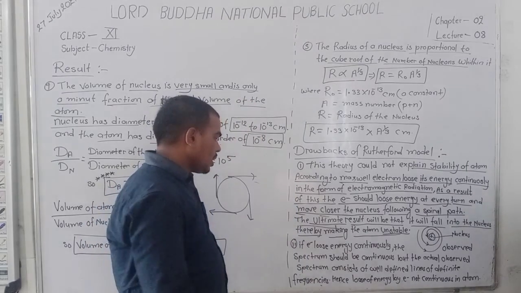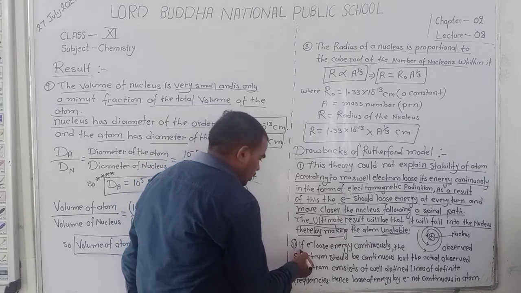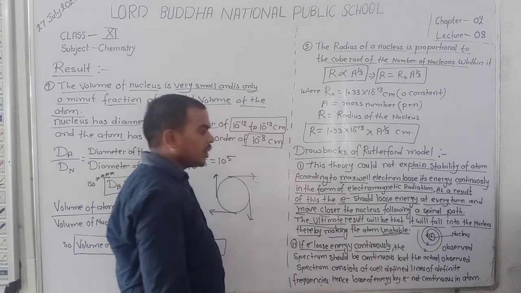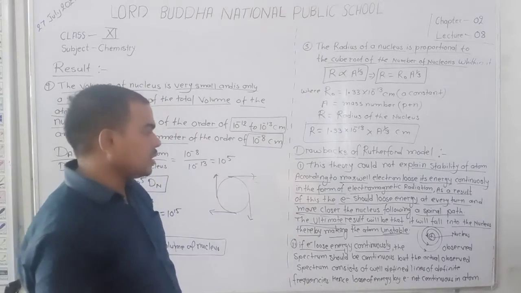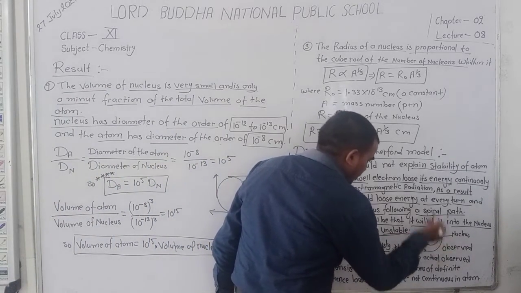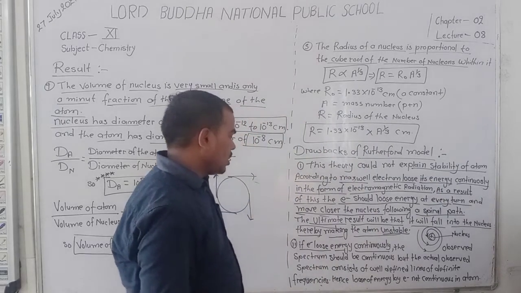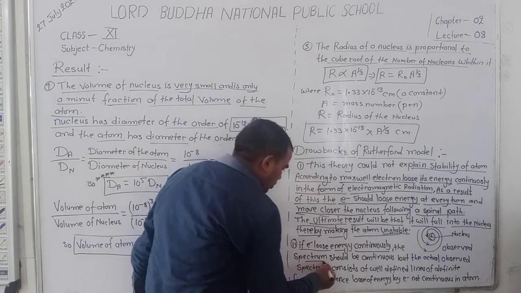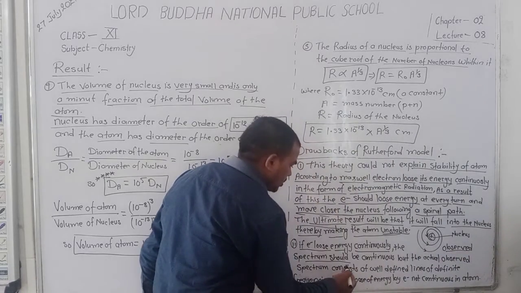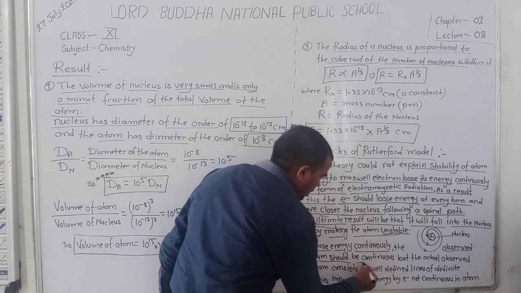Dear student, if an electron loses energy continuously following a spiral path, as shown here, the observed spectrum should be continuous.